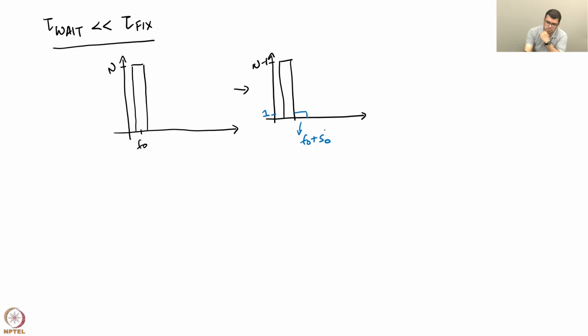And what we are going to say here is that this mutation, although only one individual is carrying it, is the mutation which is able to escape the action of drift. So, without any loss of generality, we will say F naught is 1. So, all these fitnesses will become 1 plus S naught, and now S naught is the selection coefficient, because the denominator in the calculation of selection coefficient becomes 1.